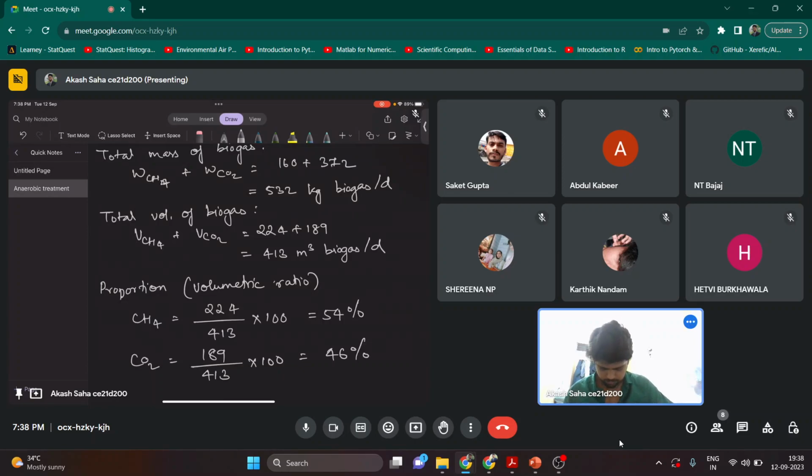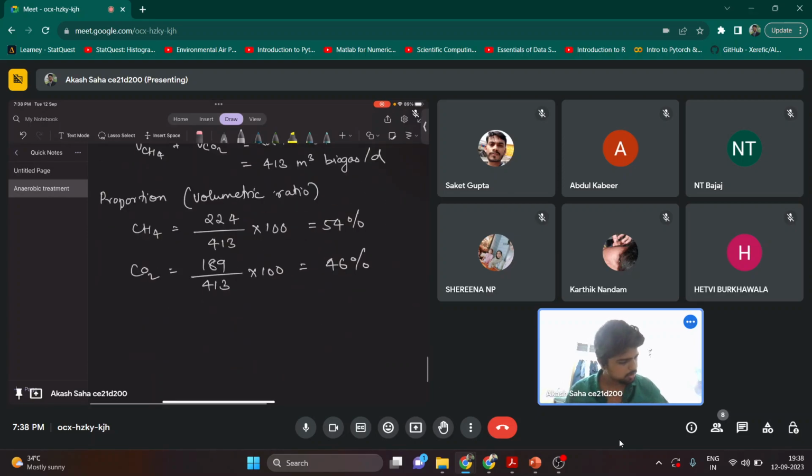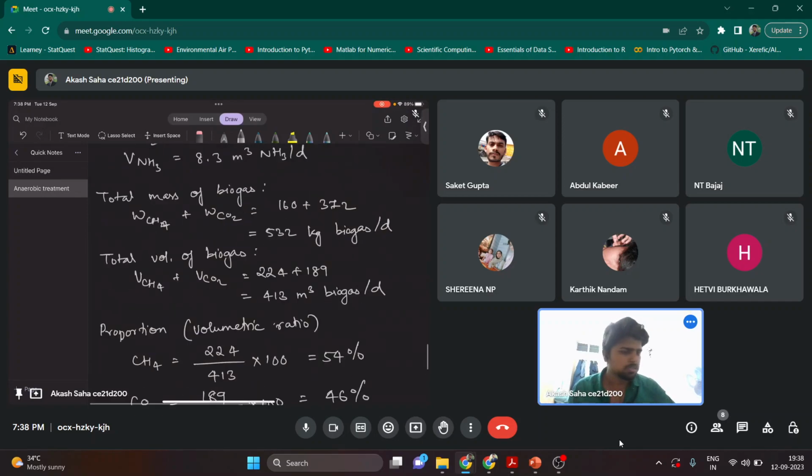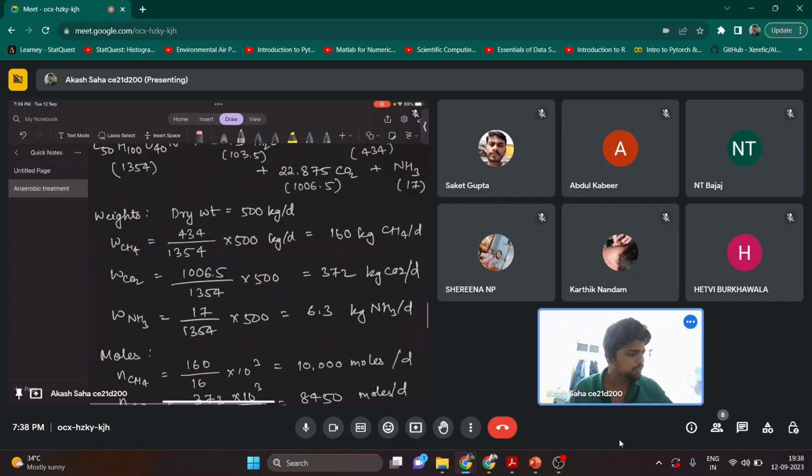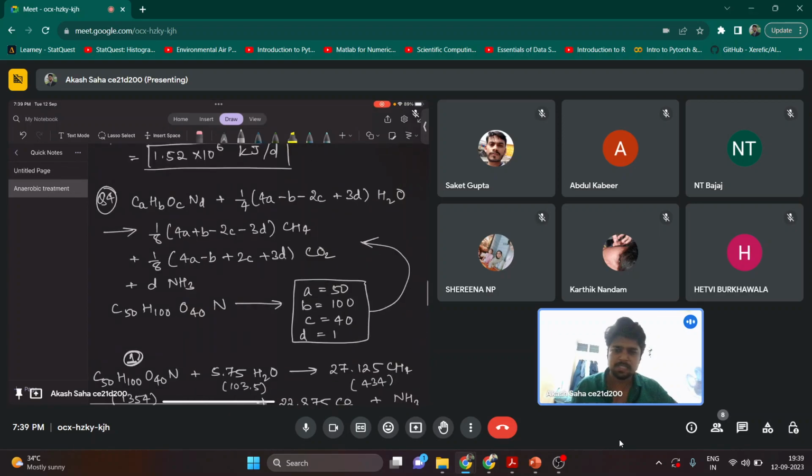So this is the volumetric ratio. So my volumetric ratio of CH4 over CO2 will be 224 divided by 189, that is 1:1. So this is my volumetric ratio. Very simple.